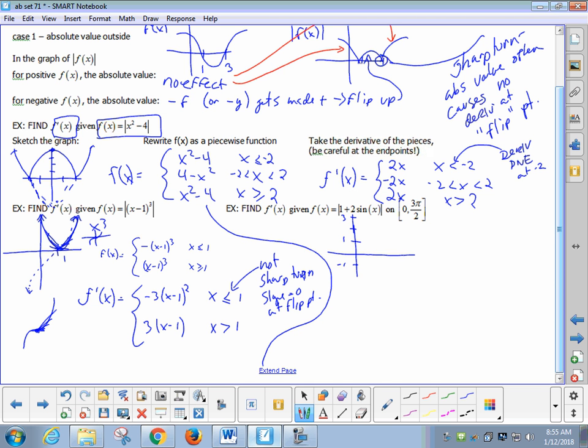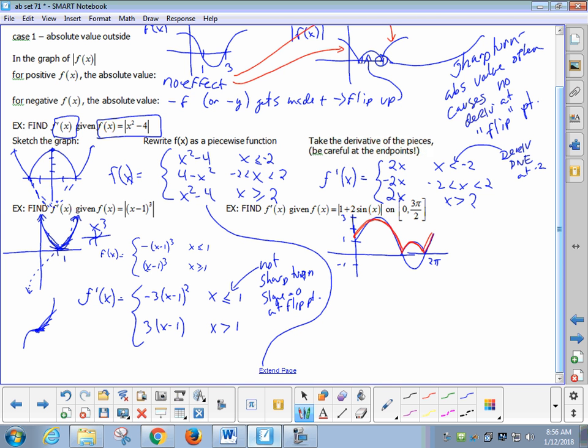The period is a normal 2 pi, and so in 2 pi, it might look like that, yeah? But because of the absolute value, it's actually going to look like, let's go in red, this. Okay? Sharp turns there or smooth? Okay, there'll be non-differentiability there.